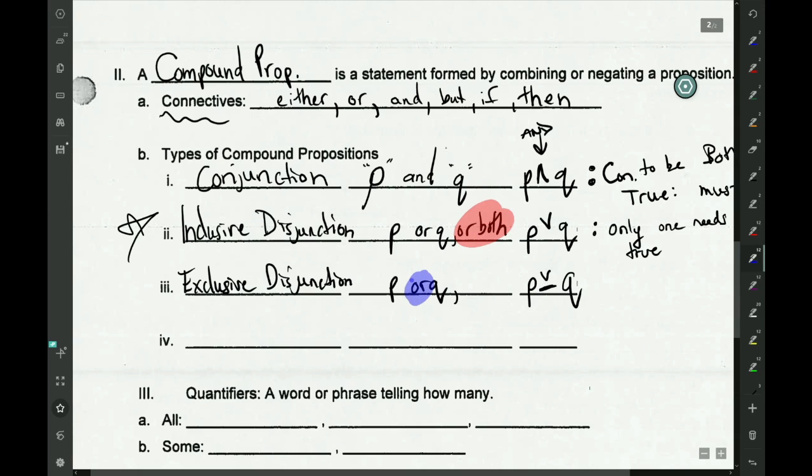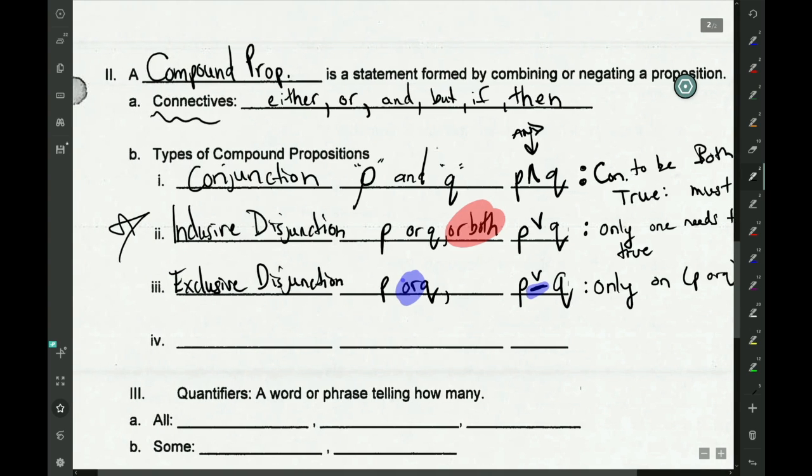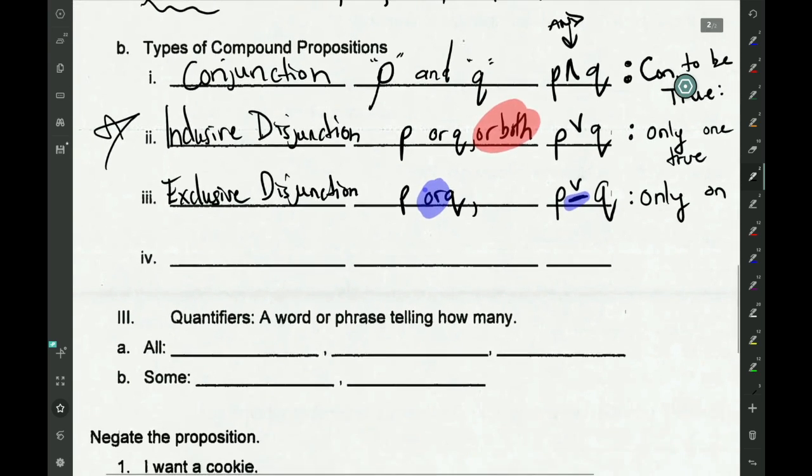Strictly or, not both, has the funky thing underneath. And this is when only one, so P or Q, is true. That is when an exclusive disjunction is true: when you can only have one of the statements.